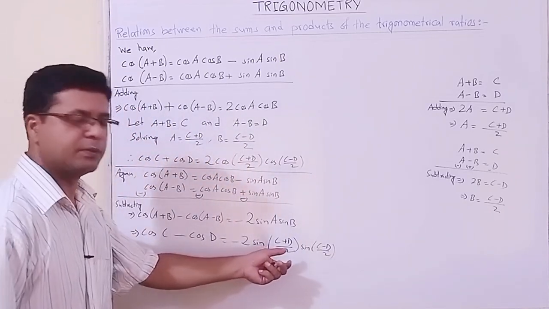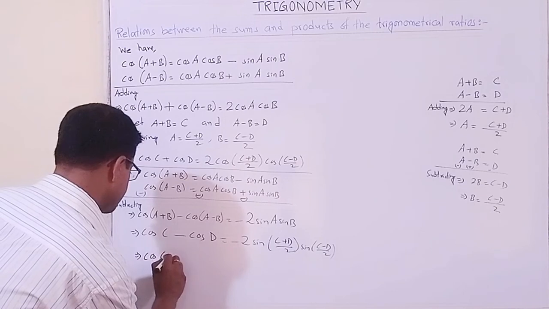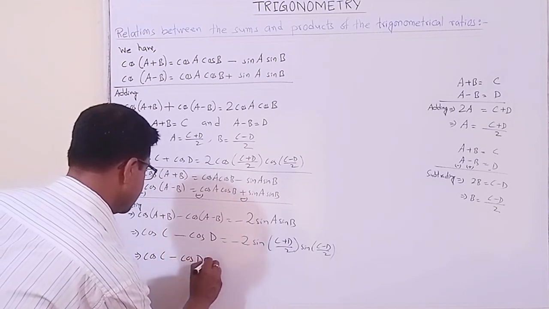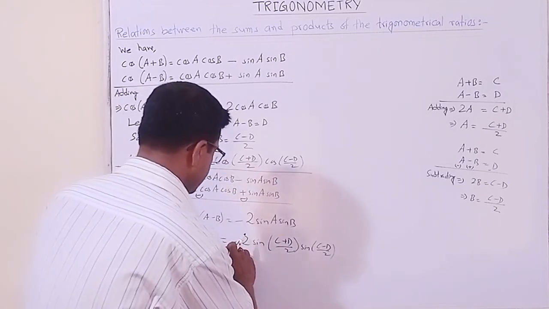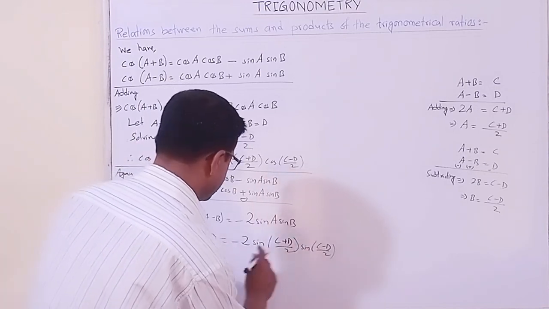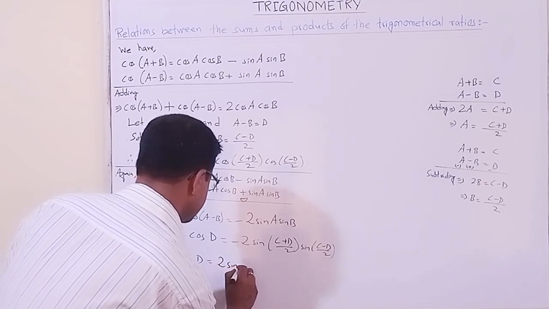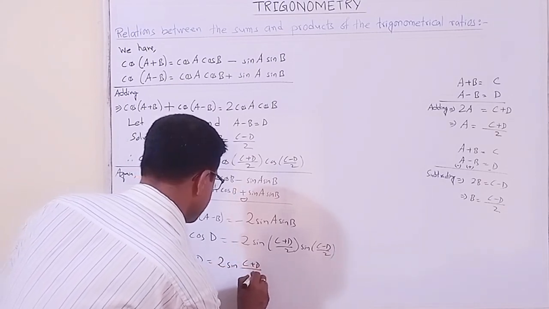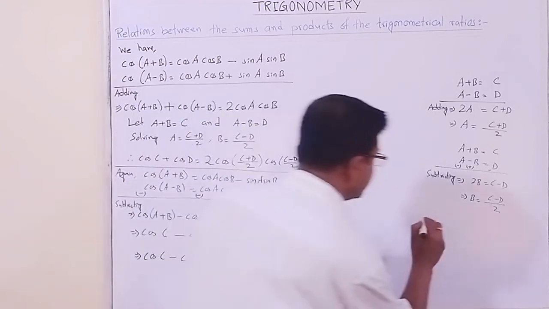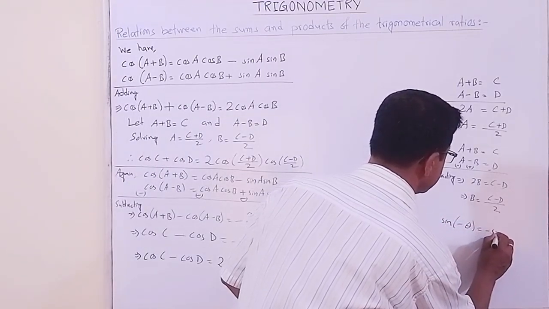You can remember this formula in this way, or this formula can also be written like this. It depends on you whether we want to keep this or bring this minus here. How will we write? Twice sin C plus D by 2. We know sine of minus theta is minus sin theta.